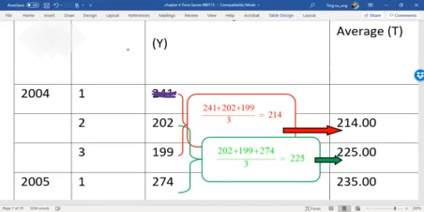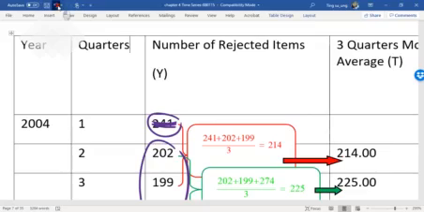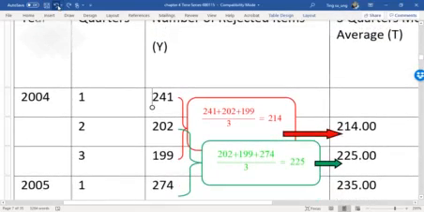You cover the first one, meaning you skip the first term, then you take the latest 3. Every time you start with a new set, you need to skip 1 data on top. You can use a ruler, it's not a problem, it's better. You just cover it, you skip 1, then you take this 3.